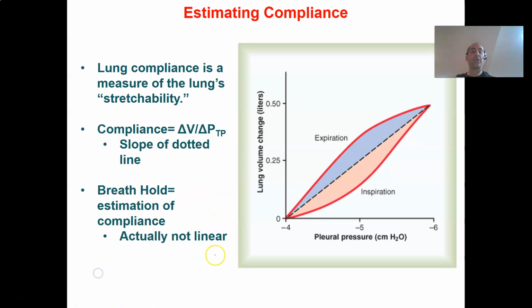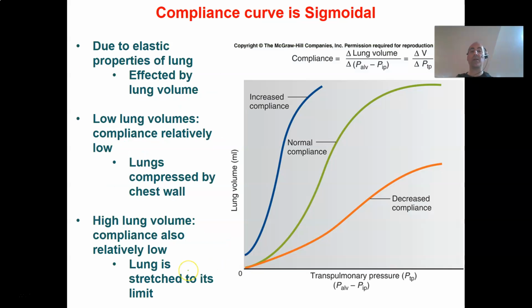But for this level of physiology, it's fine to just estimate it as a straight line. Here is another set of compliance curves. This one is important for thinking about movement of air in and out of the lungs under different conditions.